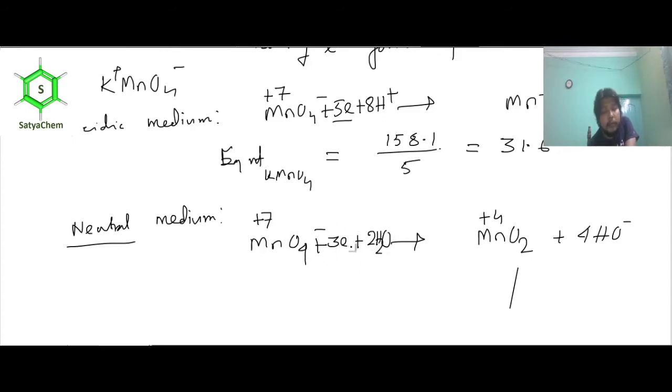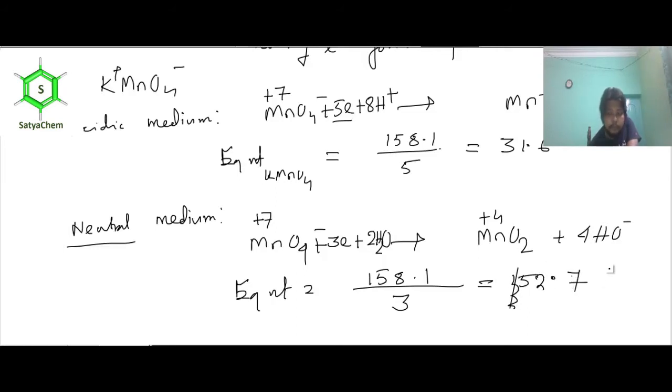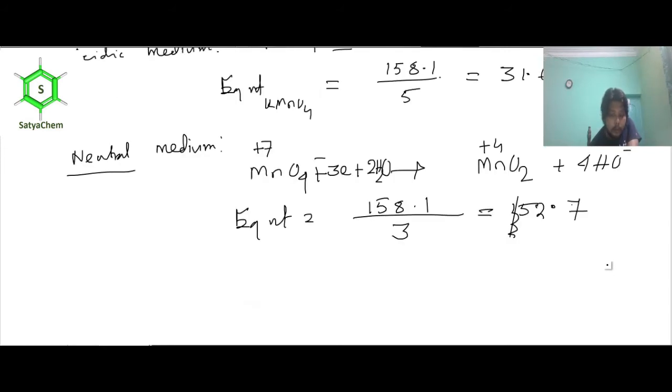3 electrons are taken up by MnO4 minus, so the equivalent weight is the molecular mass of KMnO4, that is 158.1, divided by 3, it becomes 52.7. Now we look at basic medium.